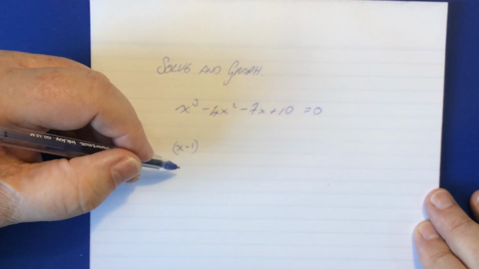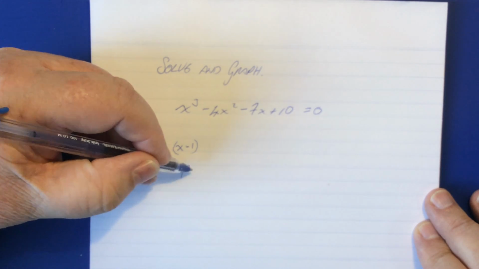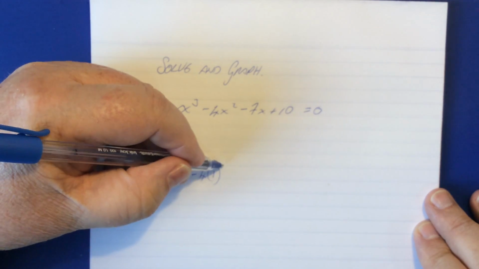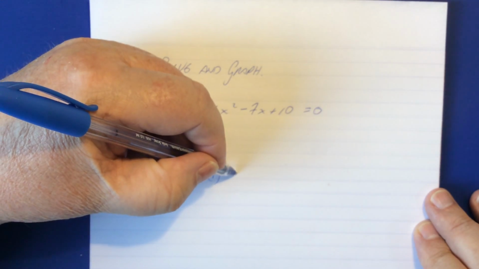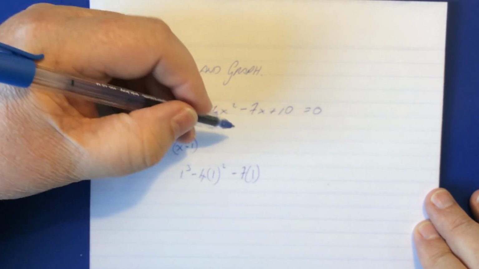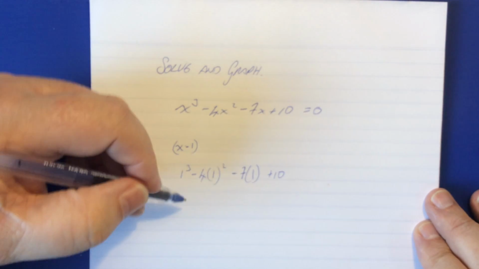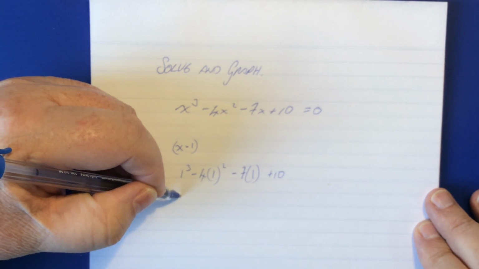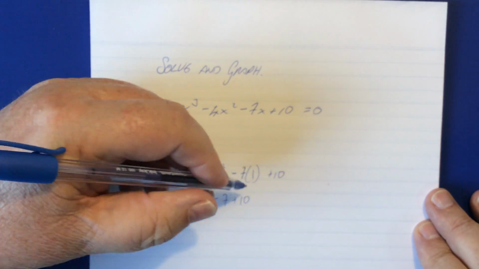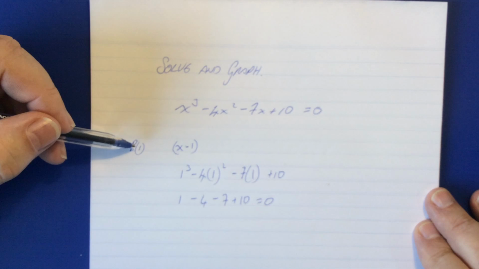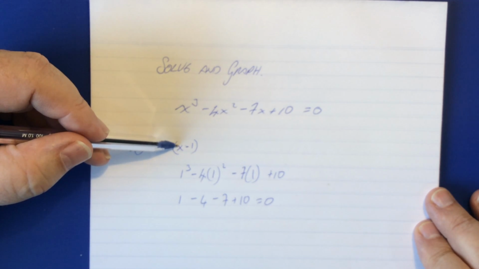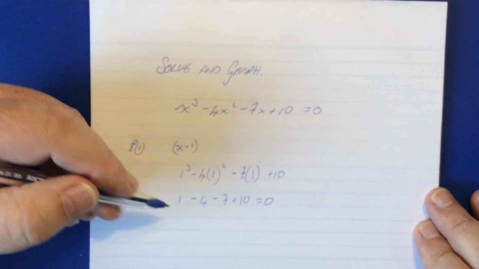Okay, so 1 cubed minus 4 times 1 squared minus 7 times 1 plus 10. 1 minus 4 minus 7 plus 10 equals 0. 1 works. x minus 1 is a factor of this equation.